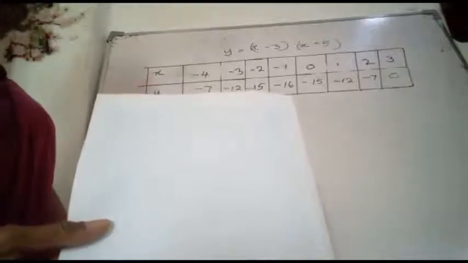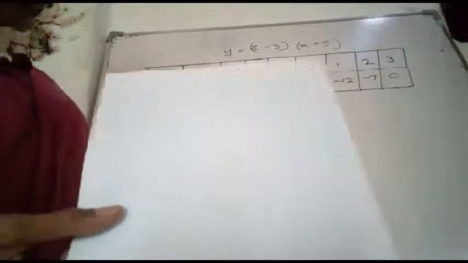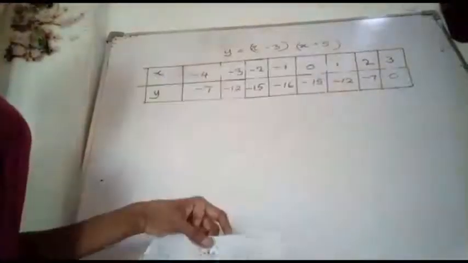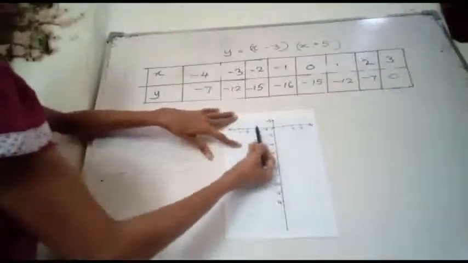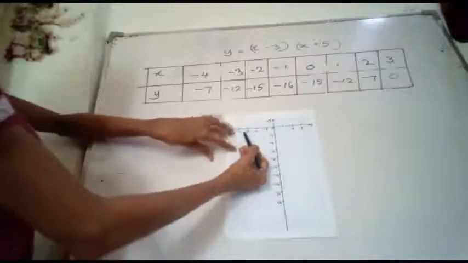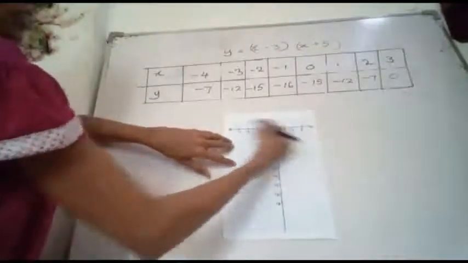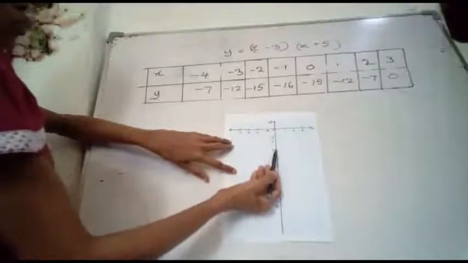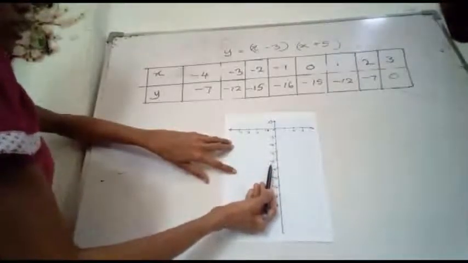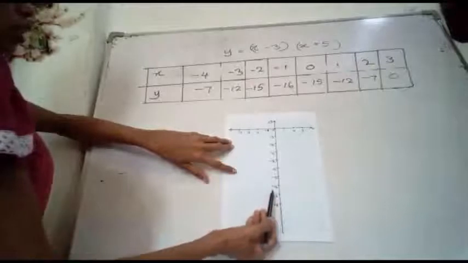The graph of the given function can be drawn as follows. Here we have 0, 1, 2, 3, and -1, -2, -3, -4 on the x-axis, and on the y-axis -2, -4, -6, -8, -10, -12, -14.